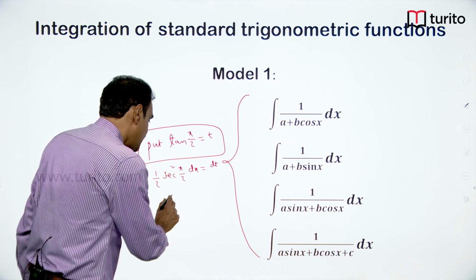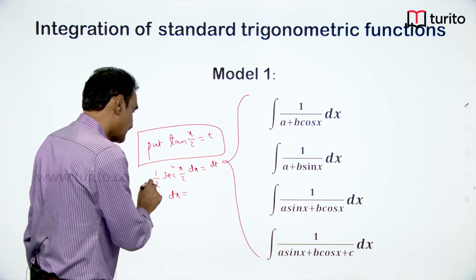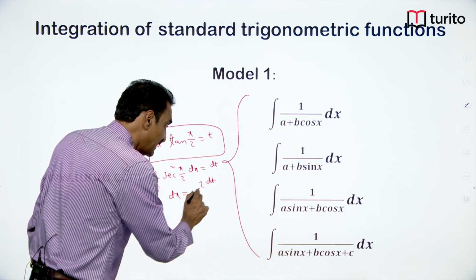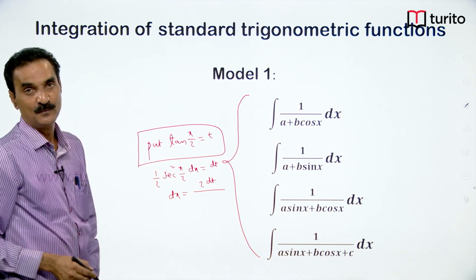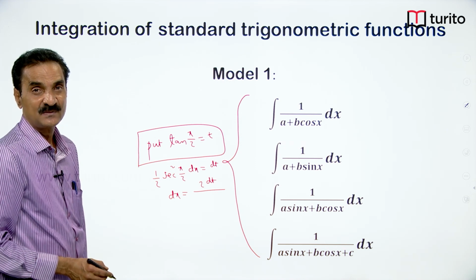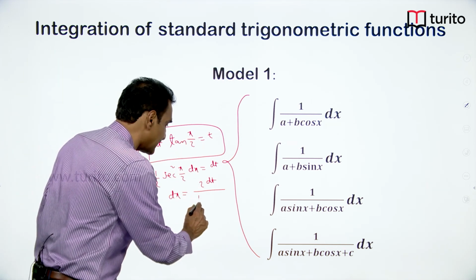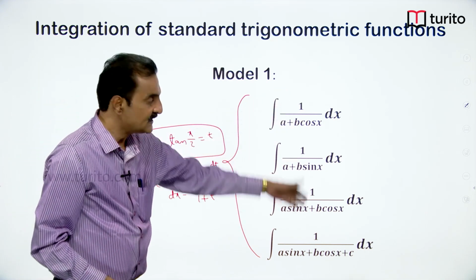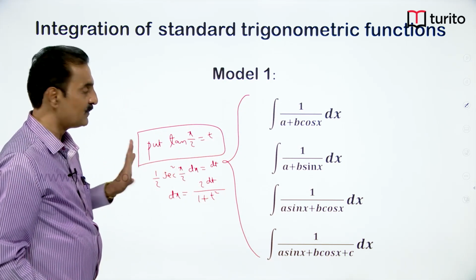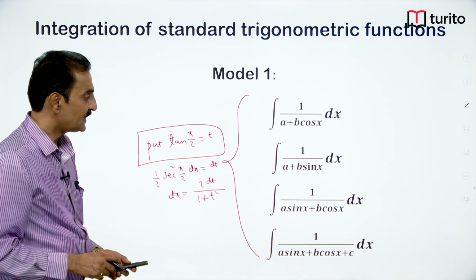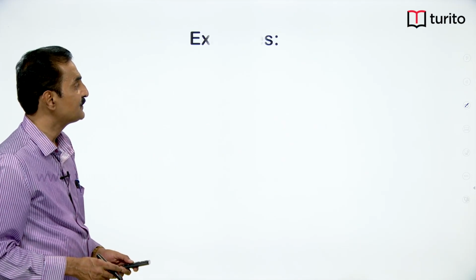So, dx is equal to, cross multiplying, we get 2 dt by secant square x by 2. Secant square x by 2 is 1 plus tan square x by 2, that is 1 plus t square. So, in all these integrals, these steps are common. Okay. Now let us solve some questions.